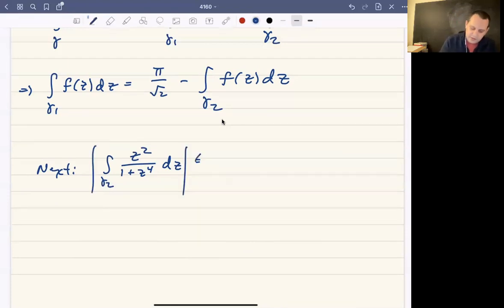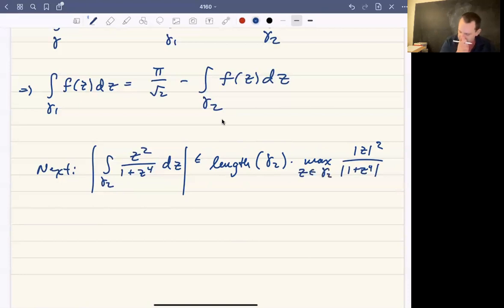So this is going to be less than or equal to the length of gamma 2 times the maximum value of the modulus of z squared over the modulus of 1 plus z to the fourth, as z is in a circle of radius r, as z is in gamma 2.